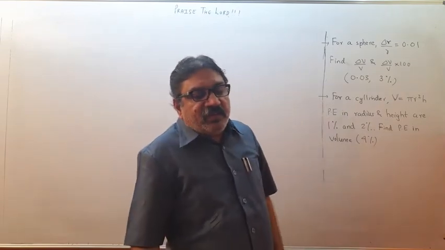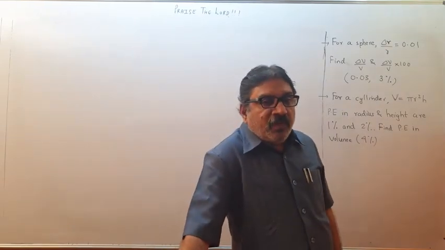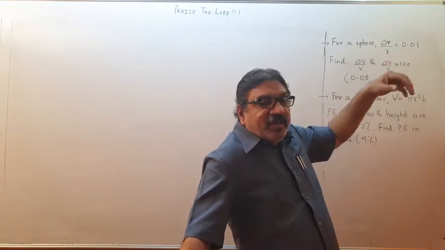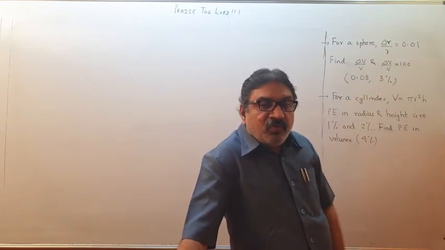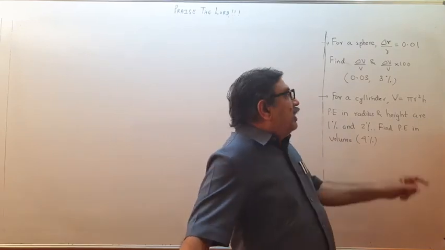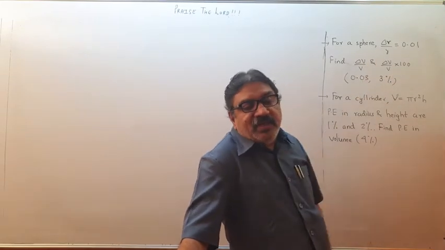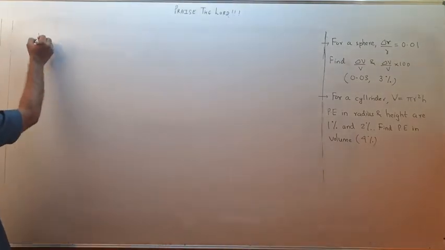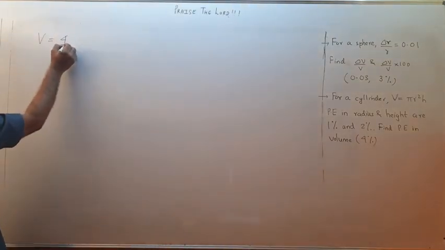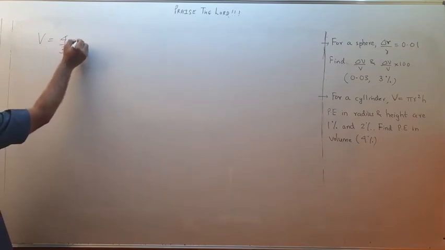So children, whenever these types of questions are before you, where relative error in radius is given and relative error in volume is asked, first think: what is the formula connecting volume and radius of the sphere? We all know the formula goes like this. Volume is equal to 4 upon 3 pi r cube.